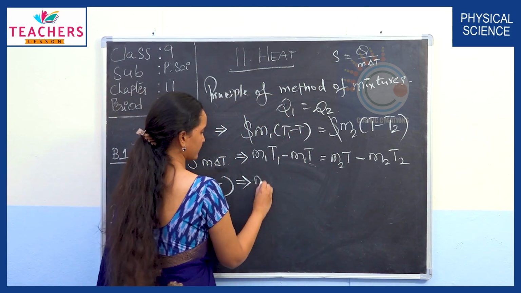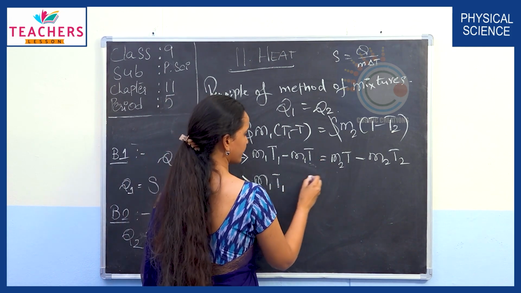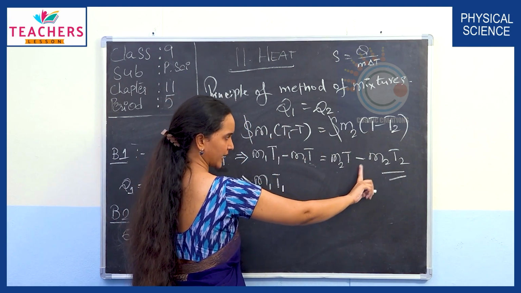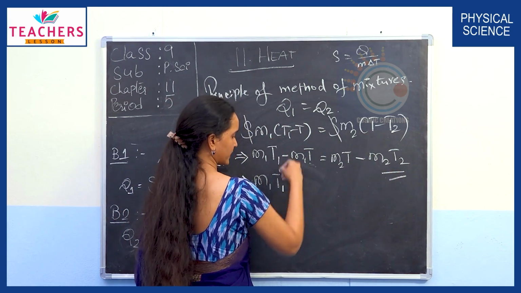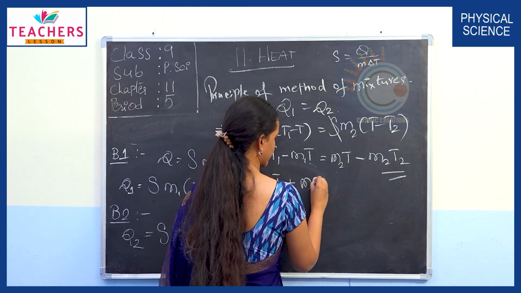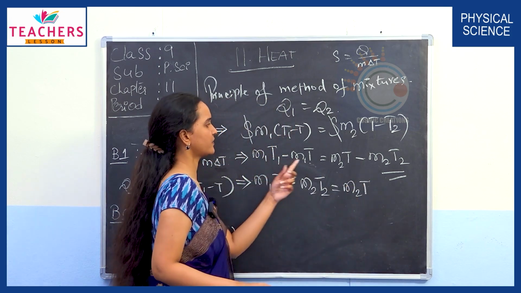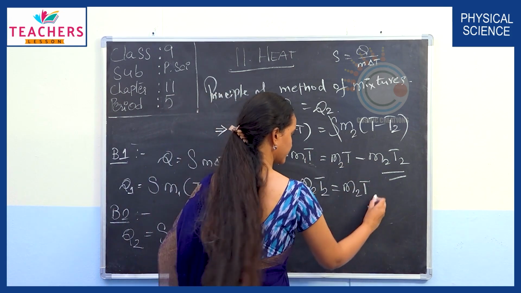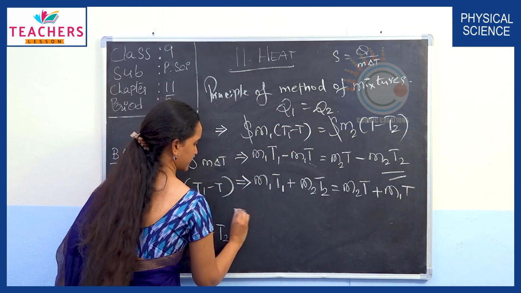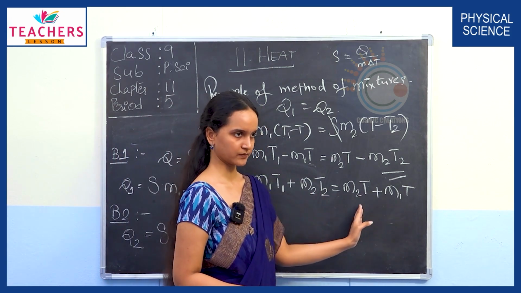I will bring minus M2 T2 from here to here; if it comes to this side it becomes plus M2 T2. Equals M2 T, and minus M1 T goes to the other side and becomes plus M1 T. Now take T common from both the terms.